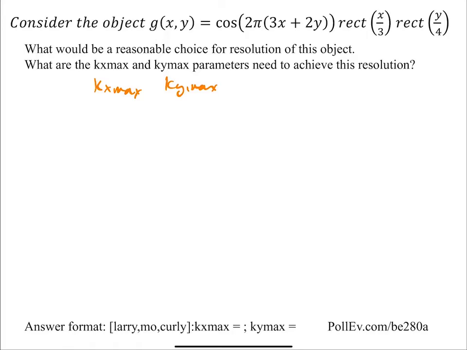So it is the same thing as before, right? Yeah. It's just a different concept. What would be a reasonable choice?